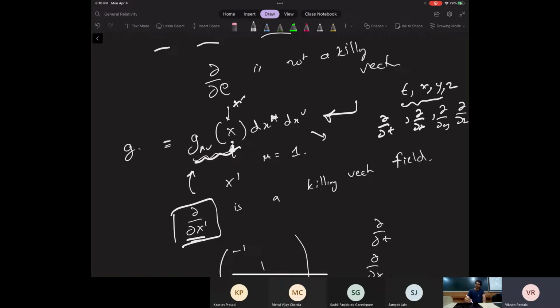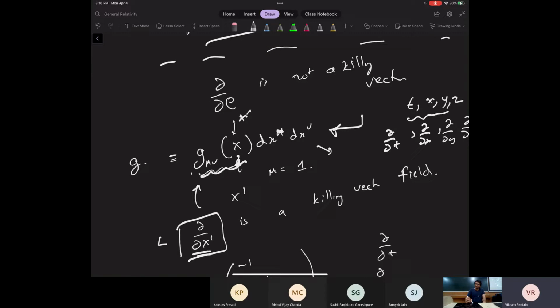I think that's right. So I think this converse statement is true. So if you find that partial x is a coordinate vector, you have to be careful. What are you holding constant? Because that determines your basis. In that basis, then yes, the metric should be independent of that coordinate.